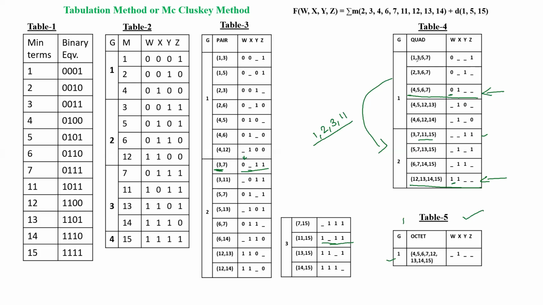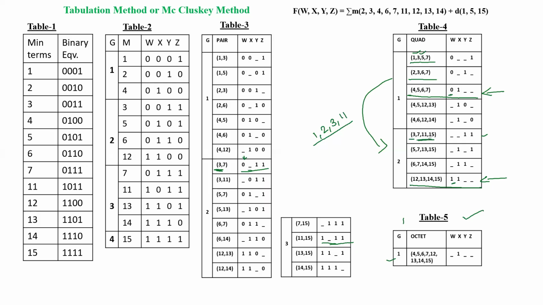In the first quad we have 1, 3, 5, so here we get 1 and 3. Again, in the second quad we have 2, 3, 6, 7, so here also we obtain 2, 3. Like this we have to see the combinations, and we also look for 11.